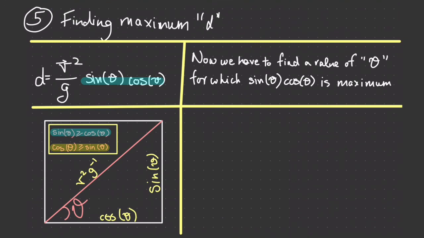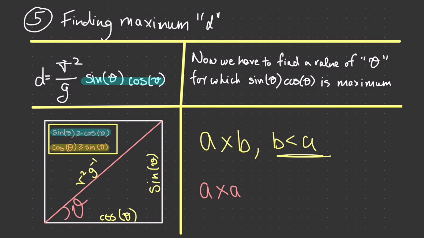Let's say you have a value a, right? And you multiply it with the value b. However, let's say b is less than a at all times. Now, just out of pure curiosity, I want to ask you, in which of these cases would the area of this final square or rectangle be the greatest?